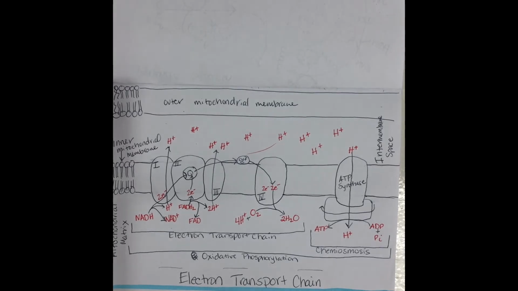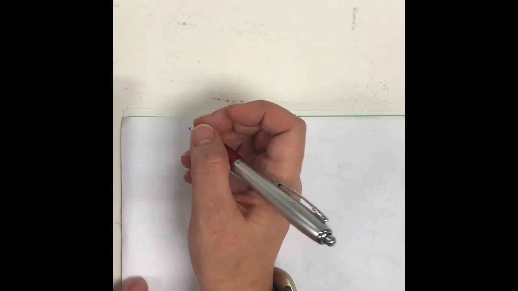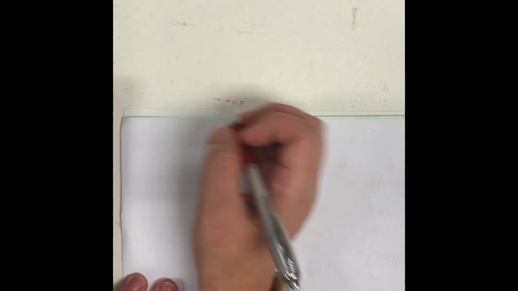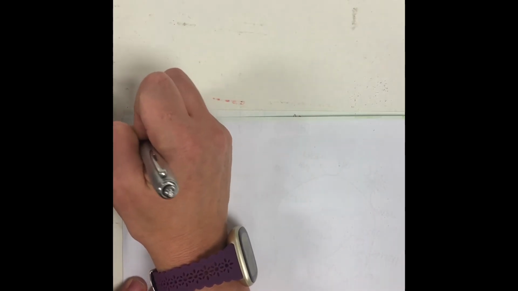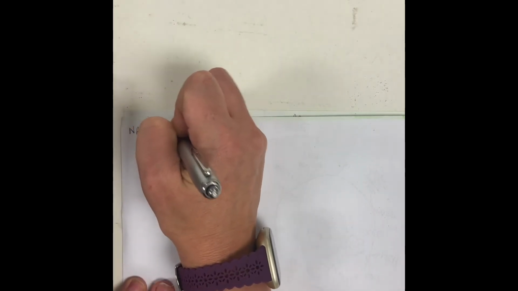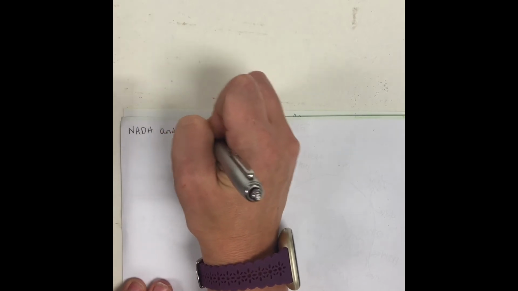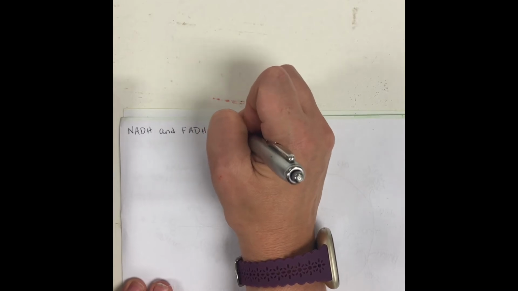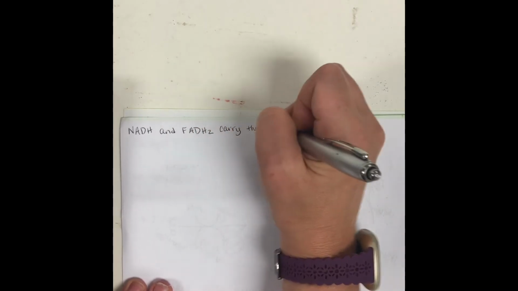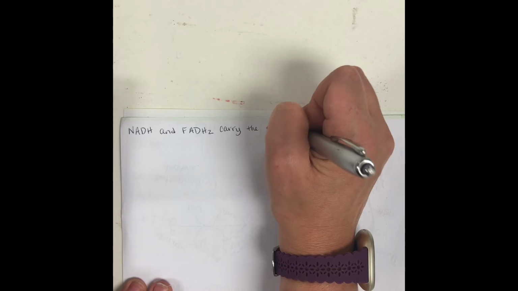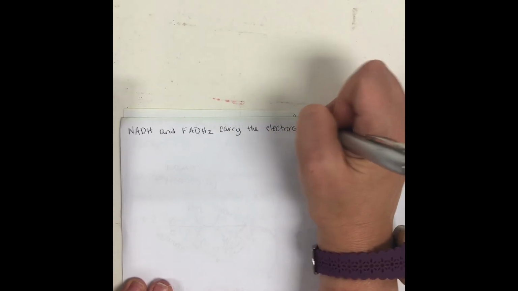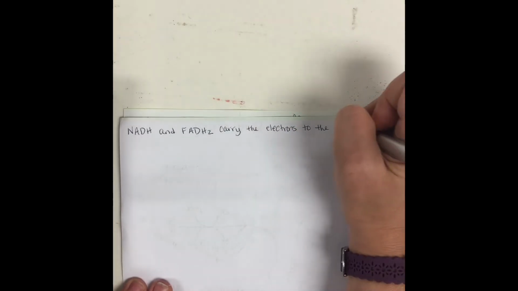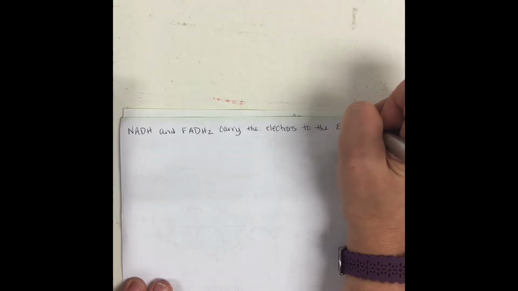All right, that was a lot of information, so let's see what is important that we need to write at the top, okay? One of the things that we're going to write at the top is that our NADH and FADH2 molecules carry the electrons to the electron transport chain.